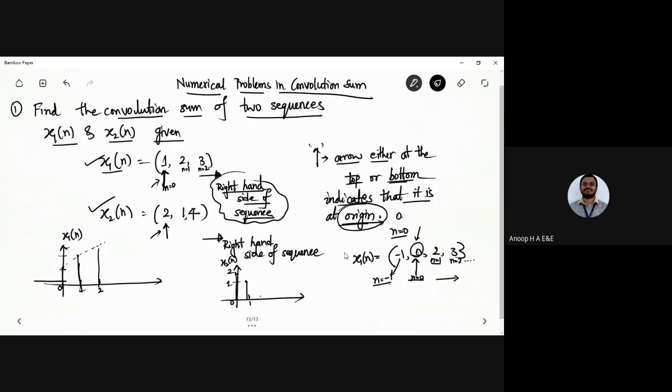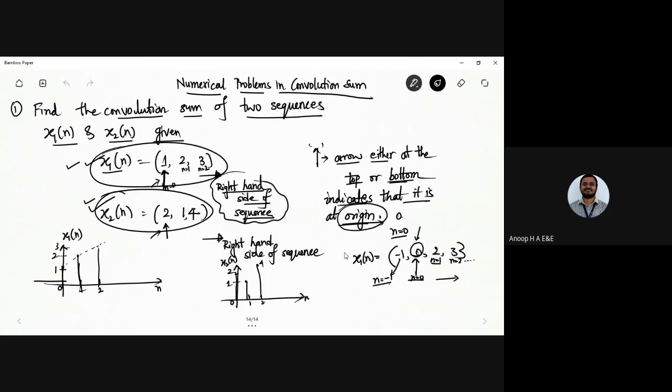Next at 2, it is 4. Fine. And x1 of n is written like this: at n is equal to 0 it is 1, at 1 it is 2, at 2 it is 3. So this is how the sequences x1 of n and x2 of n depend, and that is how you can represent it over the graph.